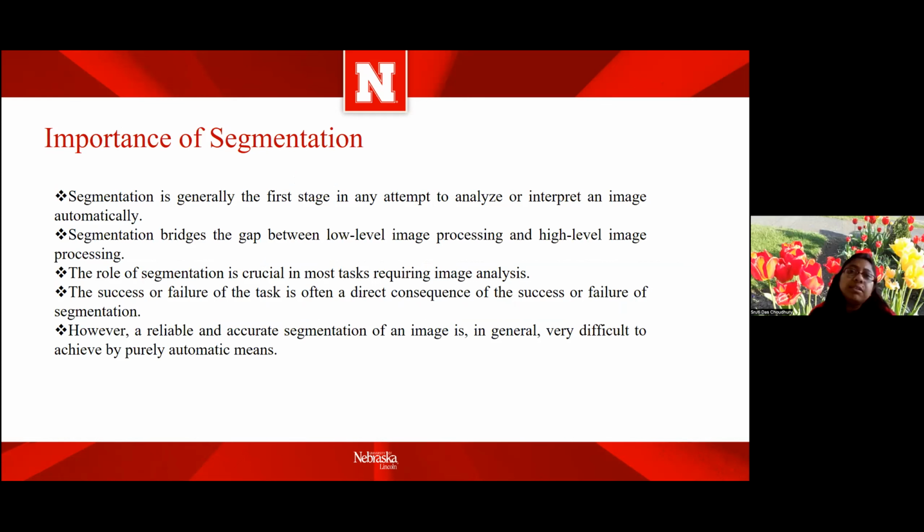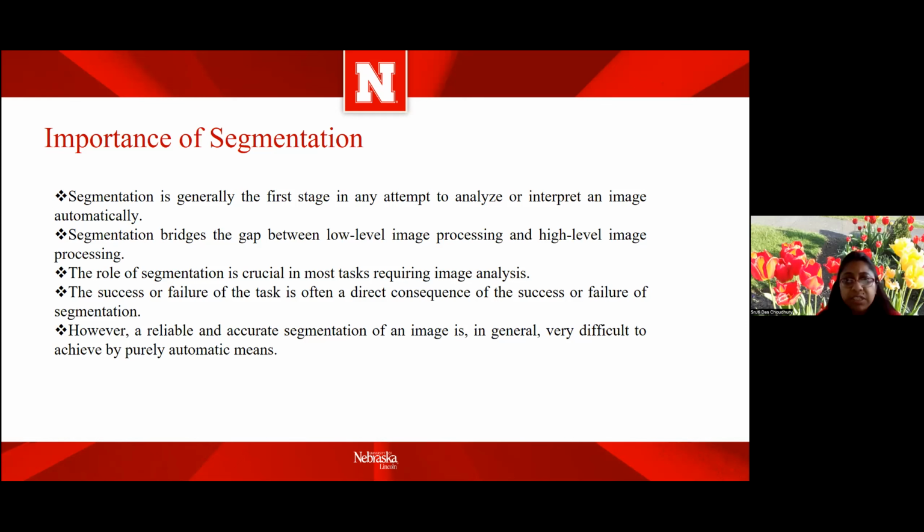So what is the importance of segmentation? Segmentation is generally the first stage in any attempt to analyze or interpret an image automatically. It bridges the gap between low-level image processing and high-level processing, because it is the fundamental problem in computer vision.